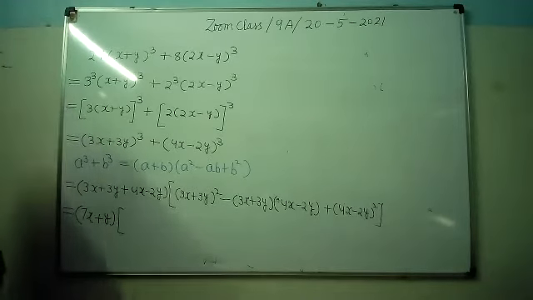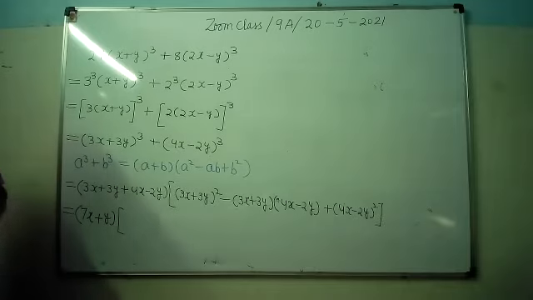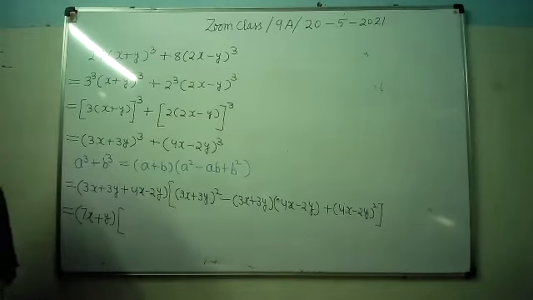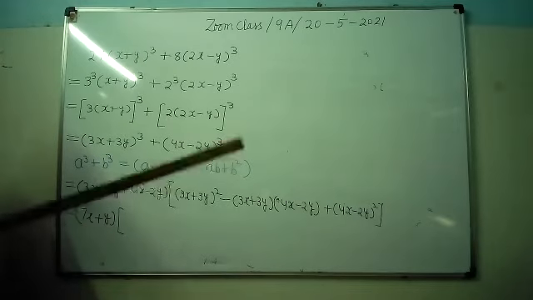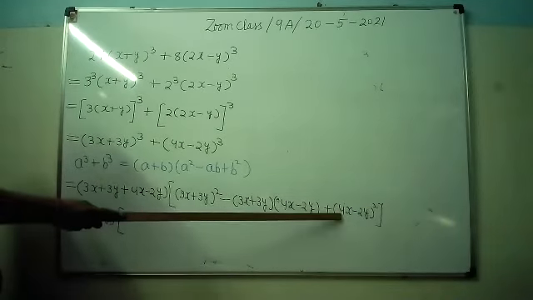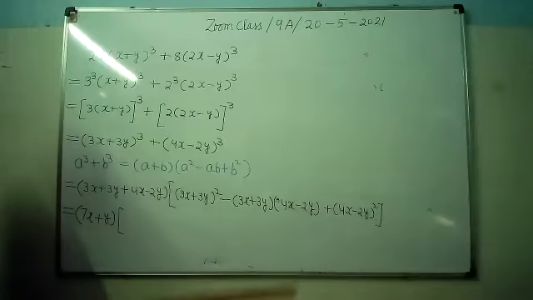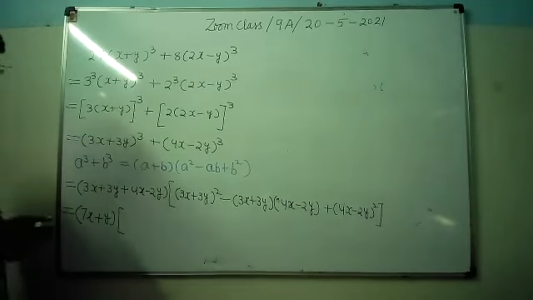Now see here, we will expand these brackets. This is by using a plus b whole square, and that bracket by a minus b whole square.